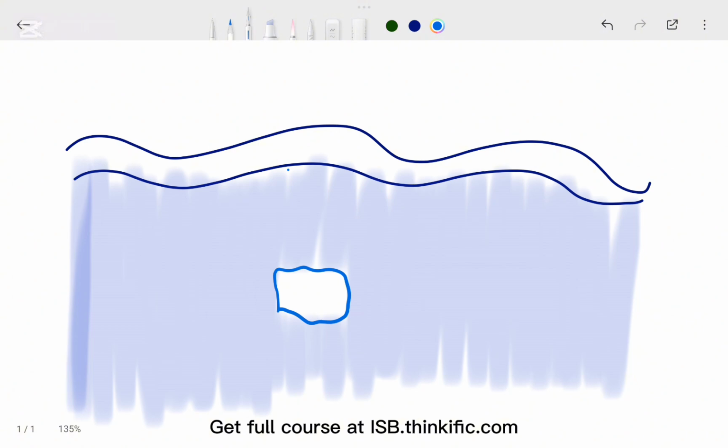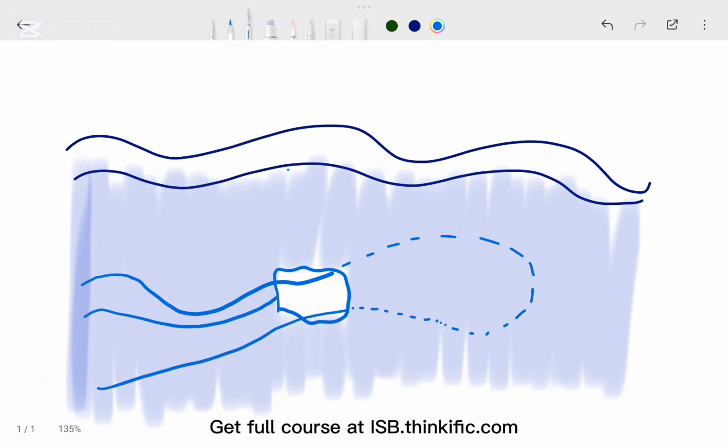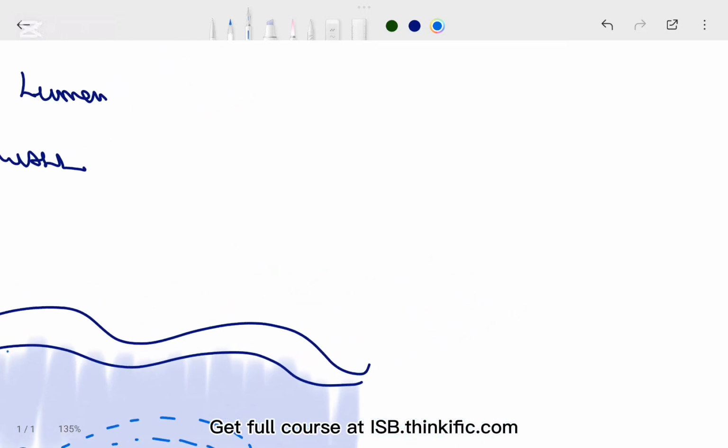So maybe another small loop of bowel moves through this area, through the mesenteric defect. That's a form of internal herniation. And also it can become strangulated at this point. A similar defect may be seen in the transverse mesocolon.